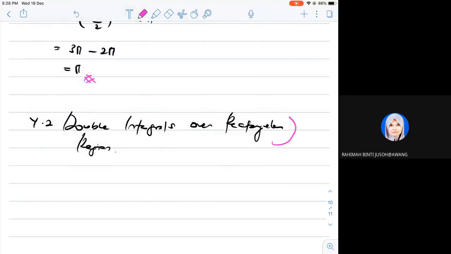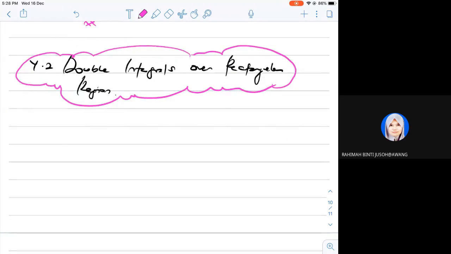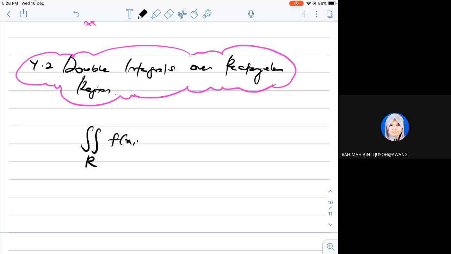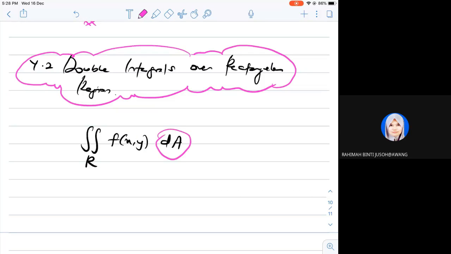Basically, we will have something that looks like this: integration of region R, f(x,y) dA. This dA can be either dy dx or dx dy.